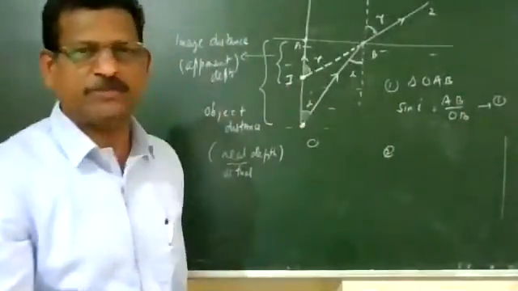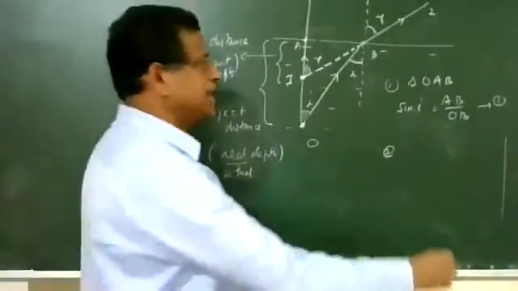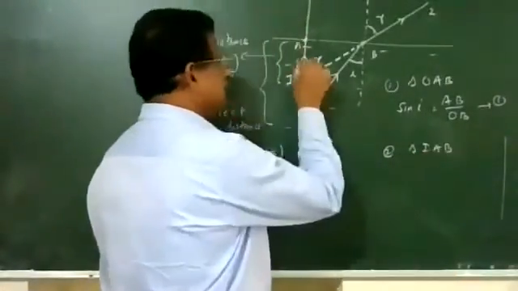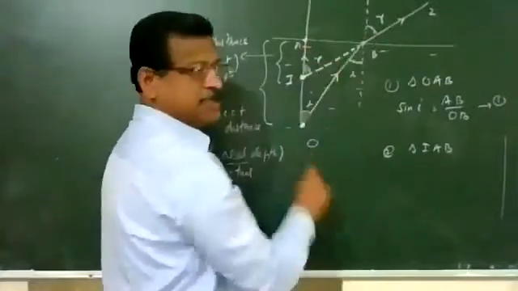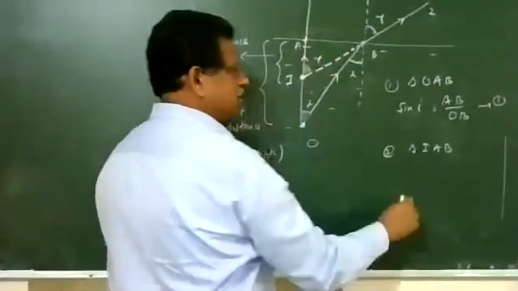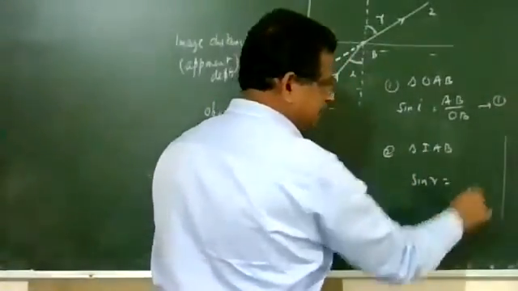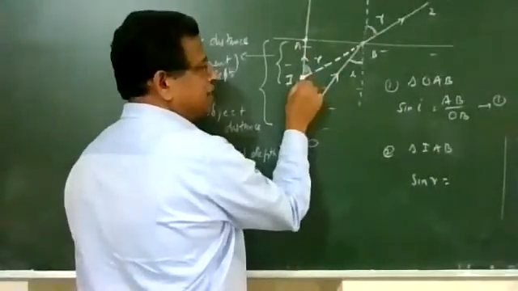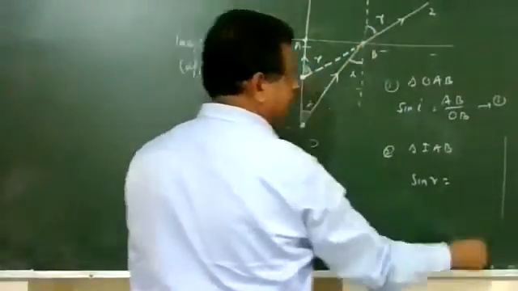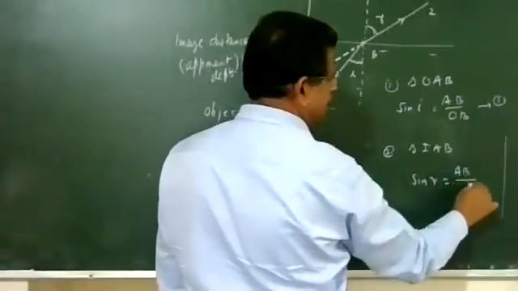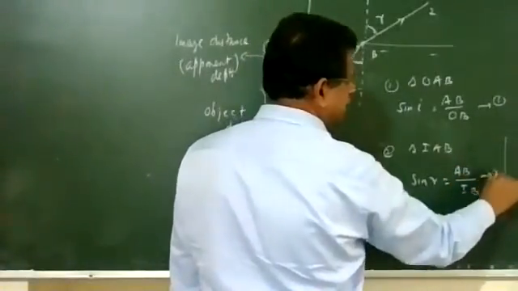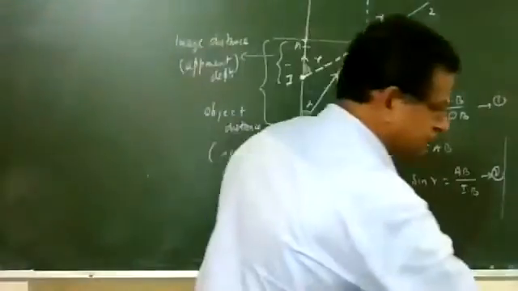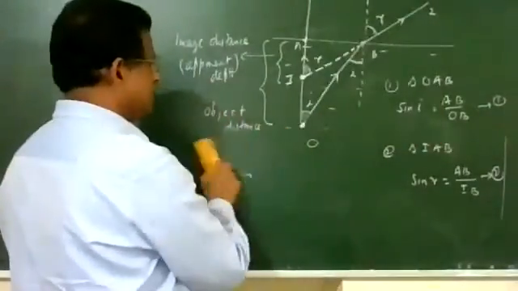The second triangle: this is the object triangle. The next triangle we will take as the image triangle, triangle IAB, the small triangle. Sin R is equal to again AB divided by IB. AB divided by IB, equation number 2. The two triangles, object triangle and image triangle.